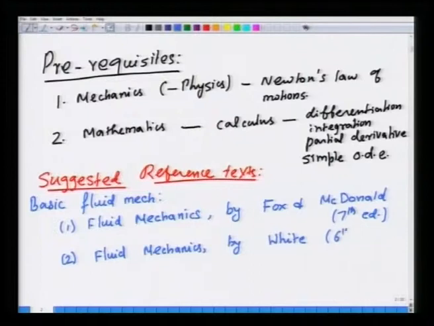We have now the 6th edition that is available. So, these two are the textbooks that are useful if you want to read up more, that will cover the basic aspects of fluid mechanics that we are going to cover.